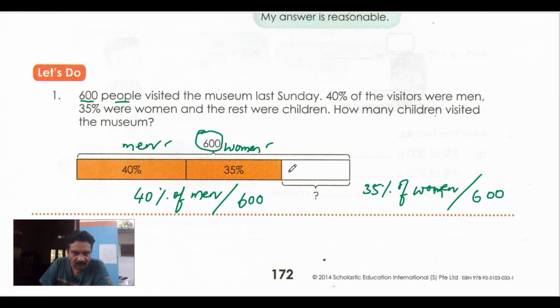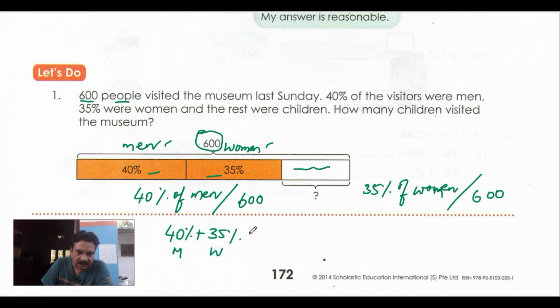Okay, then here we can see 40 plus 35, how much? 75%, right, total. I'll explain it once again. 40% plus 35%, these are men and women.